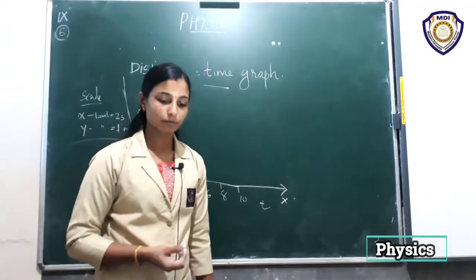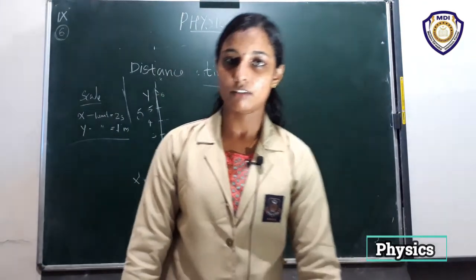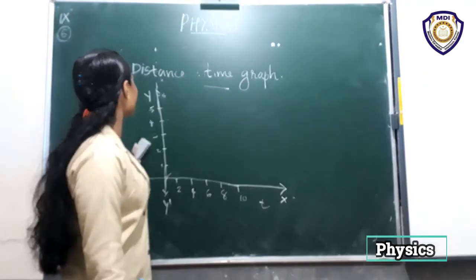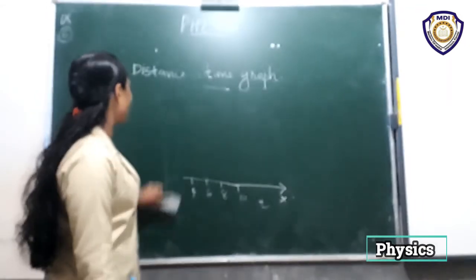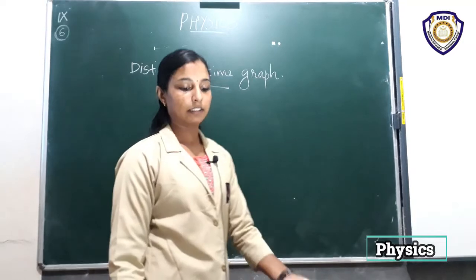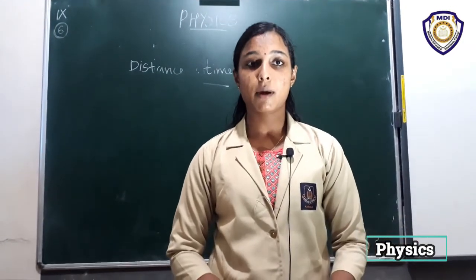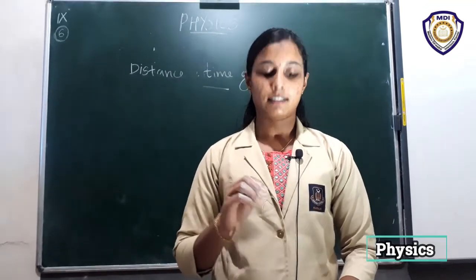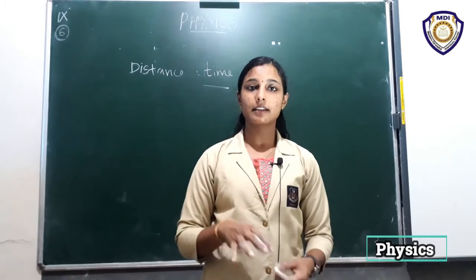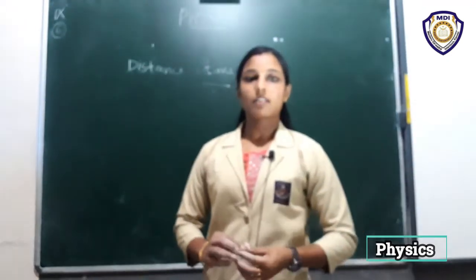And that's all about the distance time graph, right? I will give you the distance time graph of this example on a graph paper. I will draw the time and distance on an exact graph paper and I will send it to you, right?